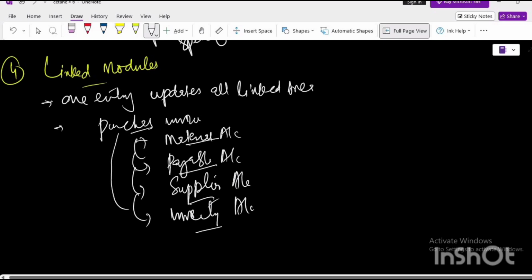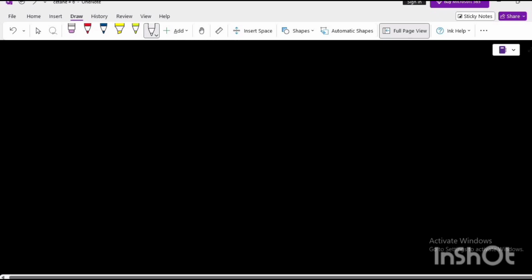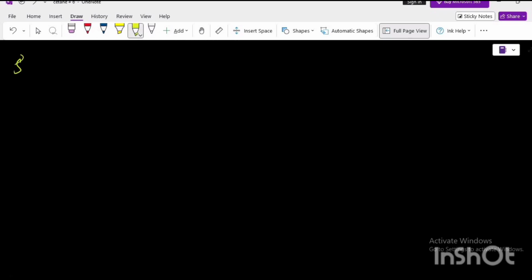Now let's move on. We have another feature, and that is automated period-end routines. Okay, let me write it. That is feature number 5, automated period and routine. So this means that at the end of an accounting period like month end or year end, certain tasks need to be done, like totaling accounts and starting a new period.